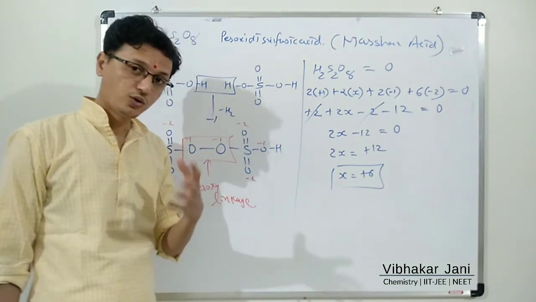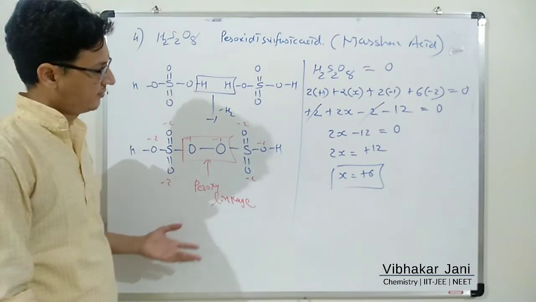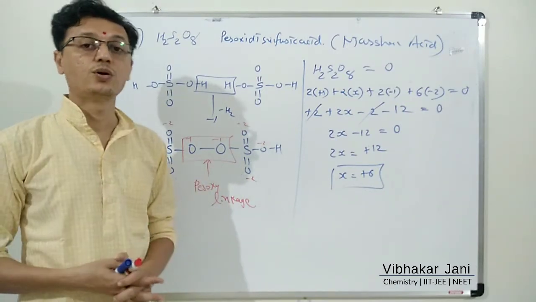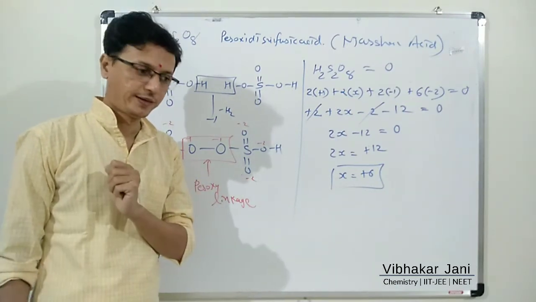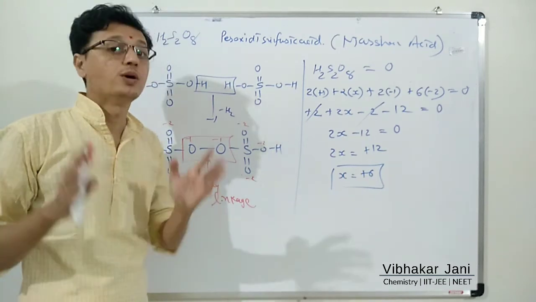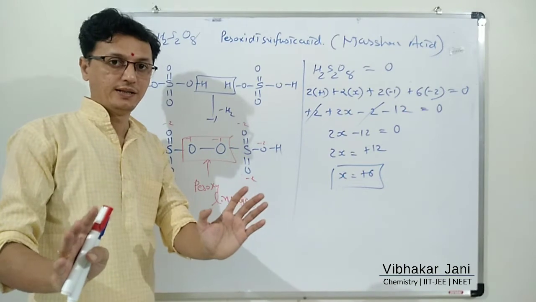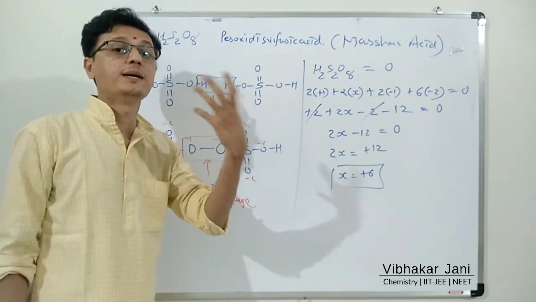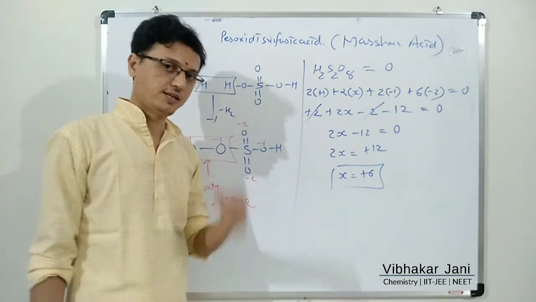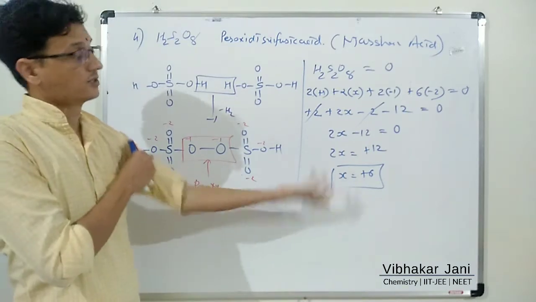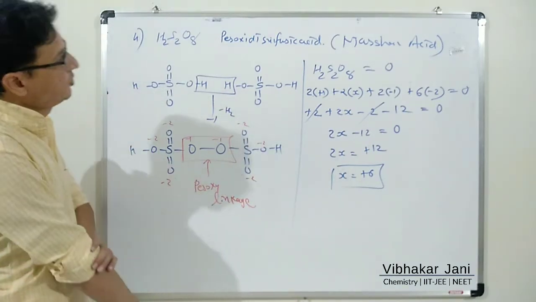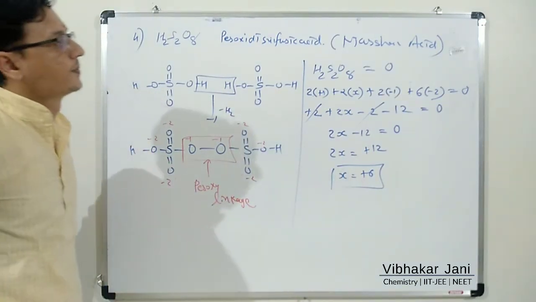And after knowing the structure, we can easily find the oxidation state of the given compound. These are specific, so you have to keep their structure in your mind. Then only you will be able to find the correct oxidation number for such compounds. Okay, pause the video and write down these examples.